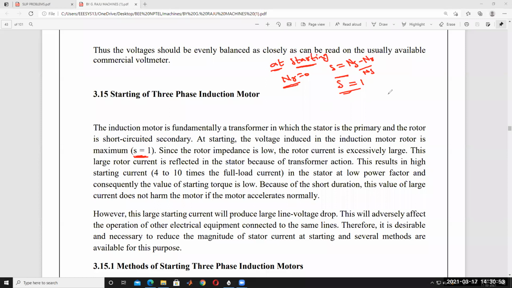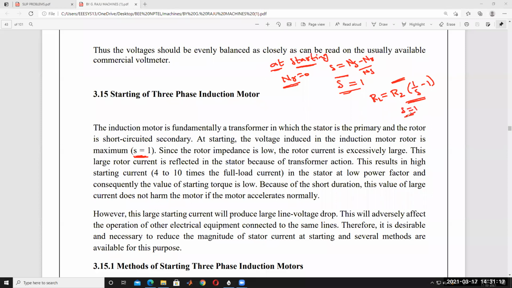So what is the load resistance of the induction motor? RL is equal to R2 into (1 by S minus 1). Am I right or not? This is the load resistance of the induction motor. Substitute S is equal to 1 here.